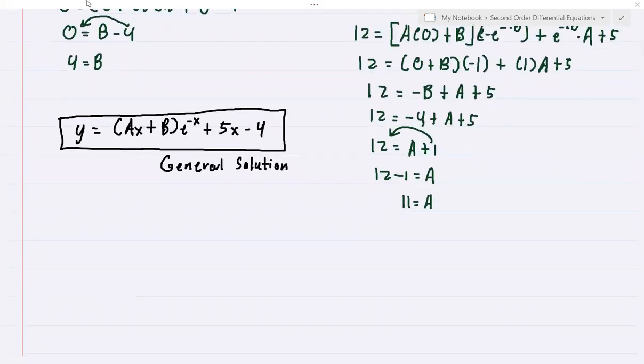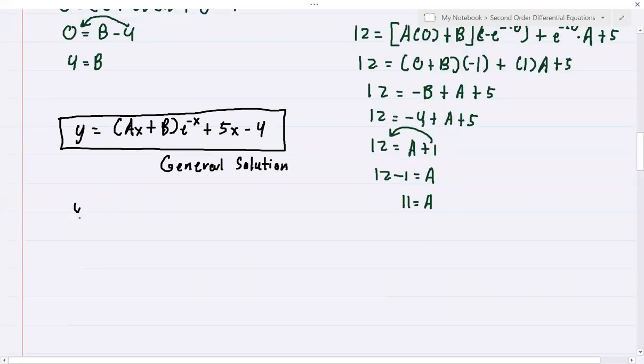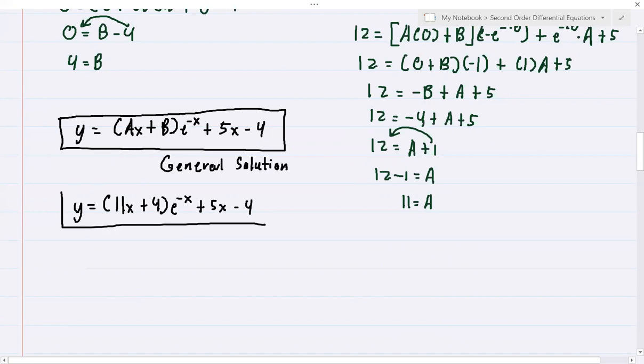So we will have y equal to quantity: your a is 11, so 11 times x plus your b, which is 4, times e raised to negative x plus 5x minus 4. All right, so this is your particular solution. So that's it, and we're done here. Let me rewrite this one first.